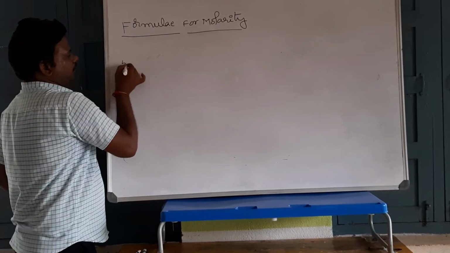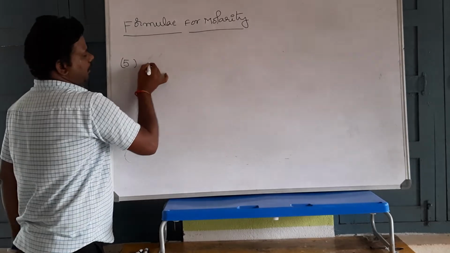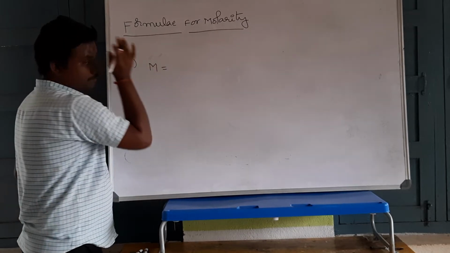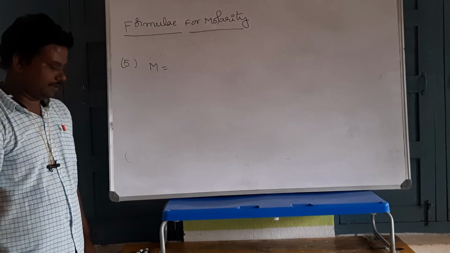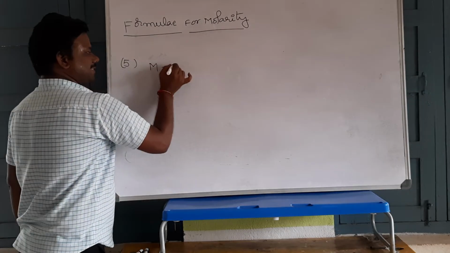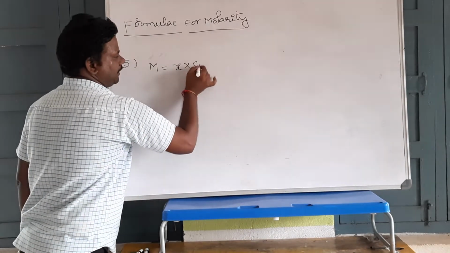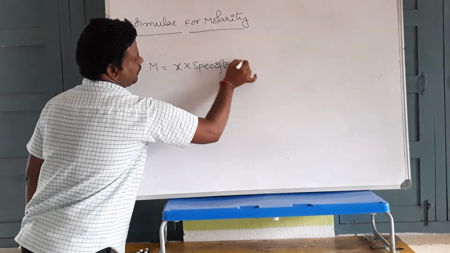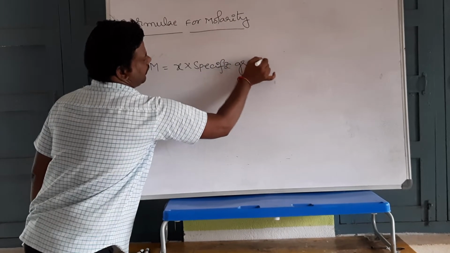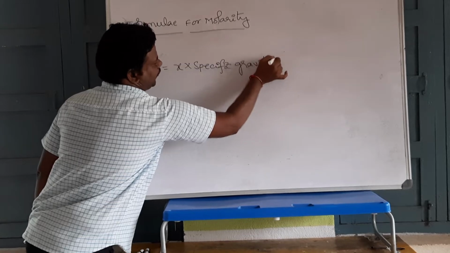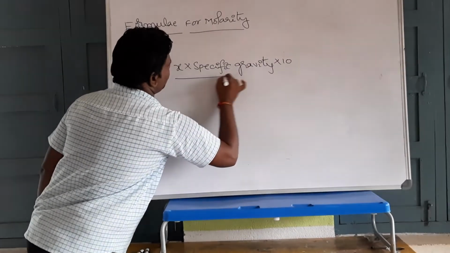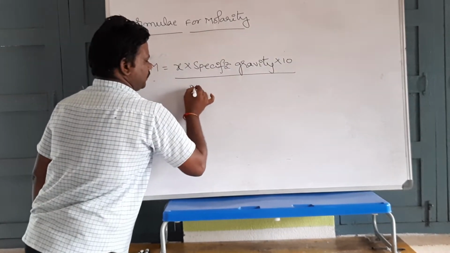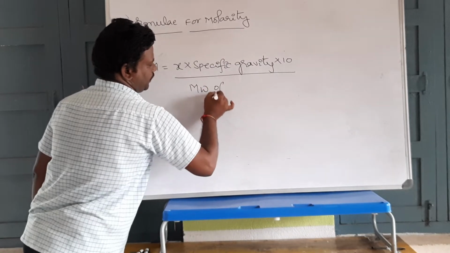Next, fifth formula. Molarity M is equal to X into specific gravity into 10 by molecular weight of solute.